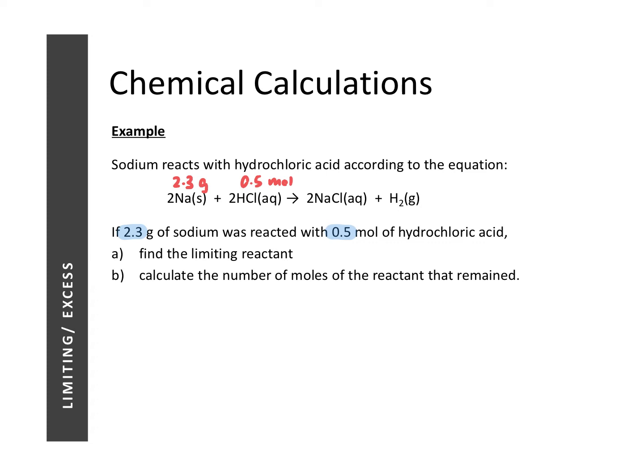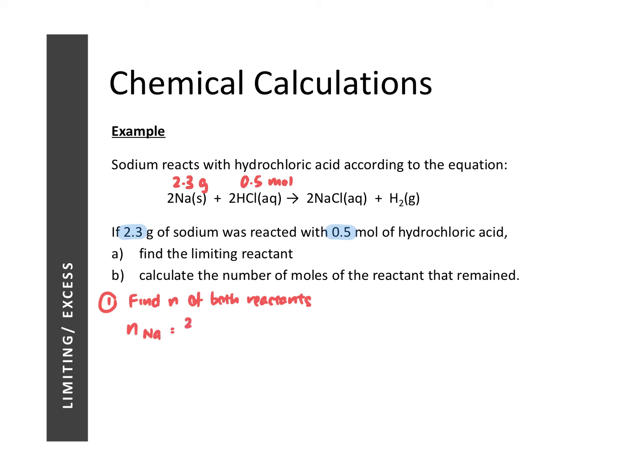Okay? So to solve limiting excess type questions, there is also a fixed approach, and we are going to go through the fixed approach now. Step 1, we have to find number of moles of both reactants. In this case, we have to find number of moles of sodium, and we are given the mass of sodium.